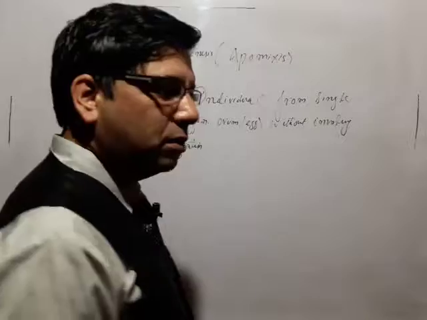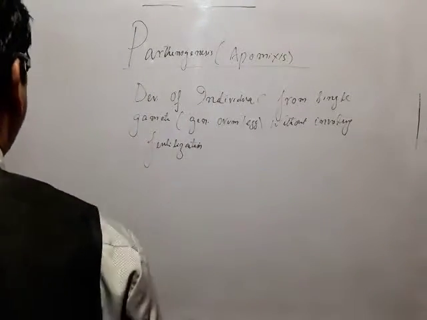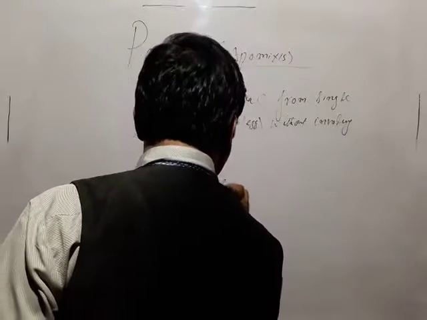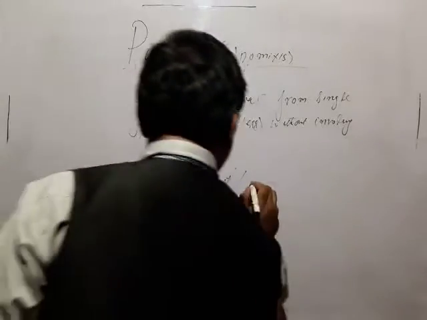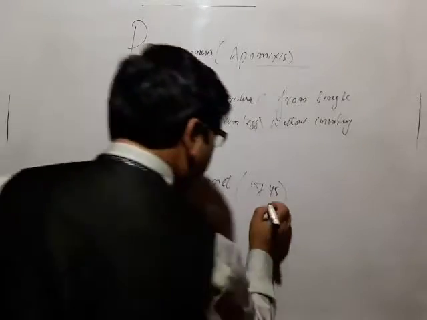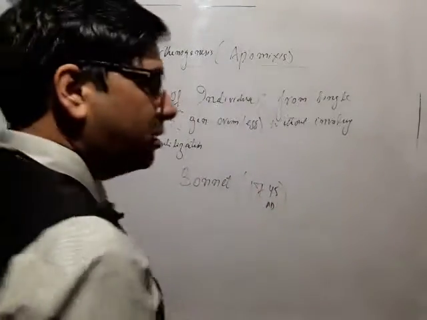This was a big discovery for scientists, and the man who first proposed it was Bonnet. It's important to know that this scientist claimed this in 1745 AD, so it's long ago.